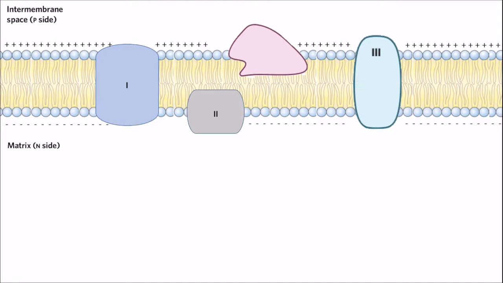Basically, the NADH molecules that come from glycolysis will go into a shuttle where they will be turned into ubiquinol molecules that will go on to complex 3 to form ATP.